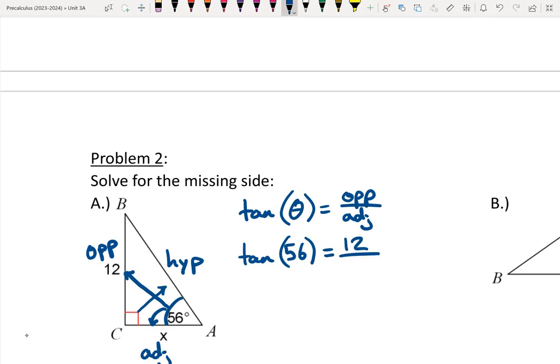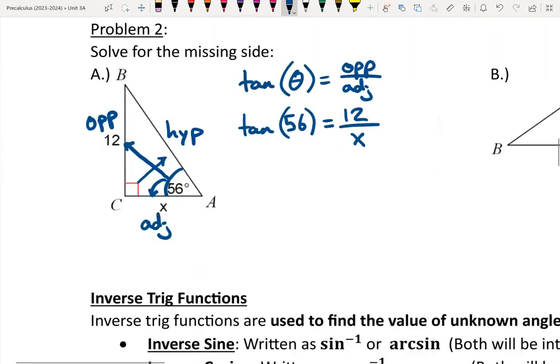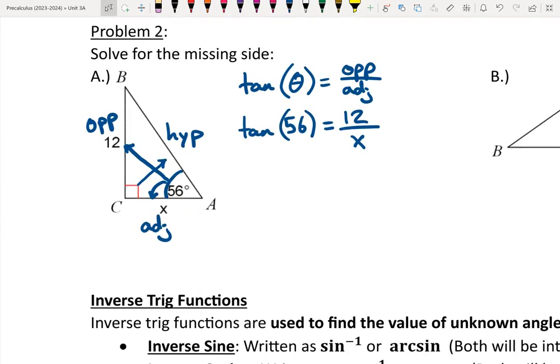And our adjacent side? That's where our x goes. And we are solving for x. So how do we solve for x? Any thoughts? We will use a calculator eventually, not yet.